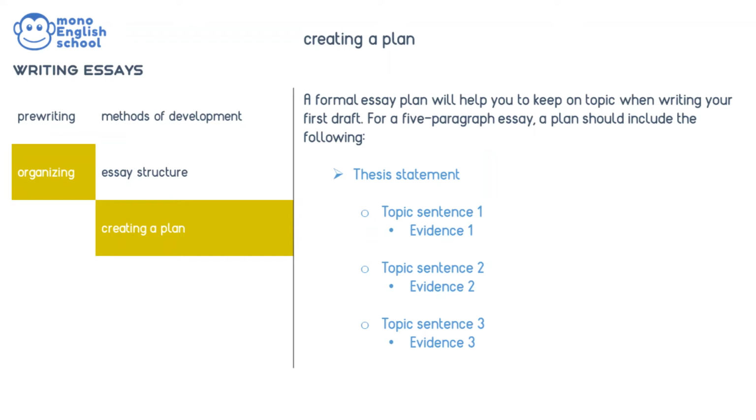Next, add topic sentences for each body paragraph. Remember that each body paragraph must develop an aspect of your thesis statement, so the topic sentence must reflect this. Then, identify at least one piece of evidence for each topic sentence.